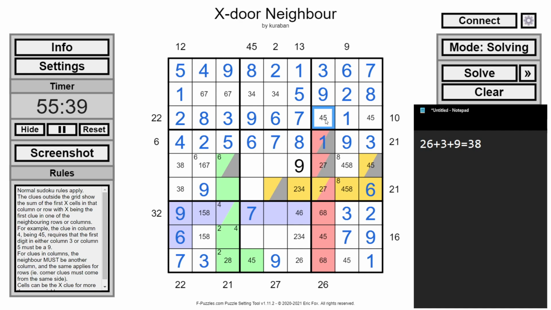We can only take 4 here, and the only way to make 3 extra is to take 4, 1, and 2 here. So this is 2, this is 4, this is unshaded. This must be the 4 to be the pencil mark here. This must be a 7.